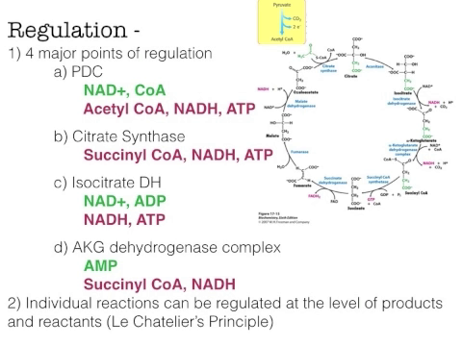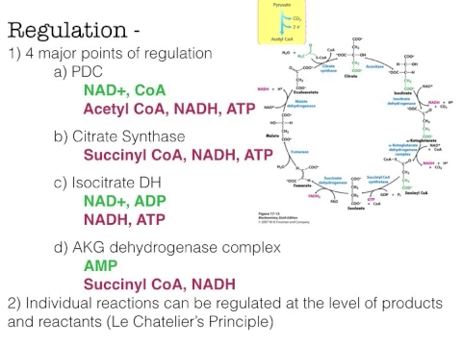These are the pyruvate dehydrogenase complex, citrate synthase, isocitrate dehydrogenase, and the alpha-ketoglutarate dehydrogenase complex. The pyruvate dehydrogenase complex is upregulated by high levels of its substrates, NAD+ and coenzyme A. It is downregulated by high concentrations of its products, acetyl-CoA, NADH, and ATP.